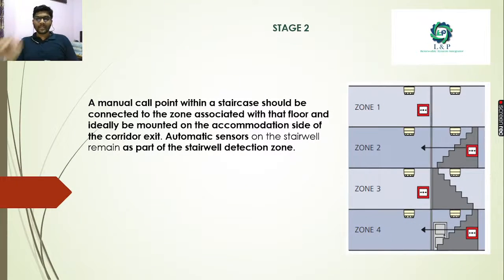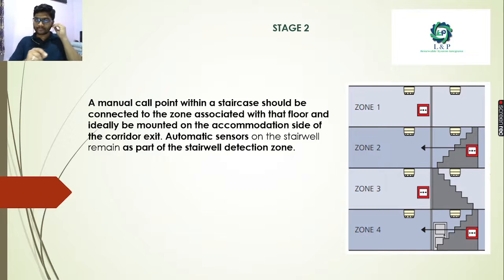Next, let us try to know about the manual call point. If a manual call point is within a staircase, it should be connected to the zone associated with that floor. For example, if there is a stair from floor 1 to floor 2, you can install it on the floor nearer to floor 1, and the manual call point will be looped to floor 1 only.